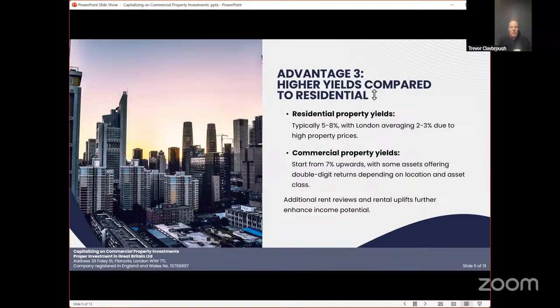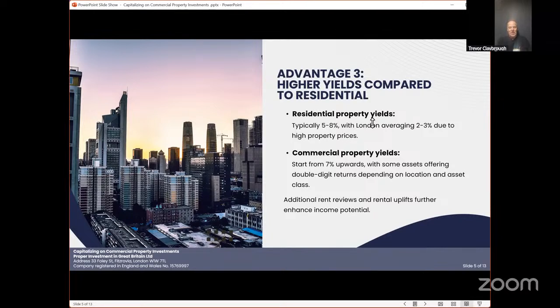Advantage three, higher yields when compared to residential. Obviously, when we're doing creative property deals in residential, or if we're doing HMOs, which are more intensive in management, we can get yields higher than these typical 5 to 8%. But 5 to 8% are the typical buy-to-let yields across the UK, depending on the regions.